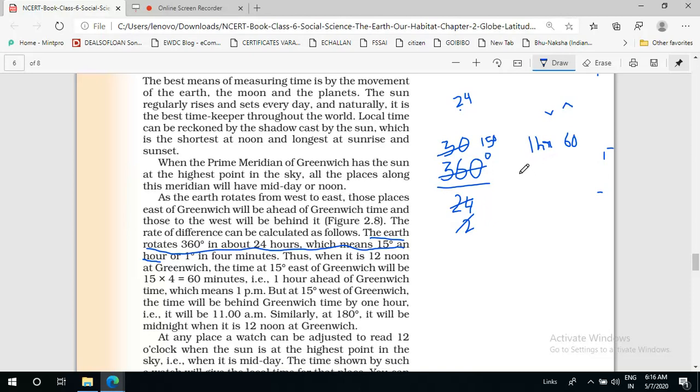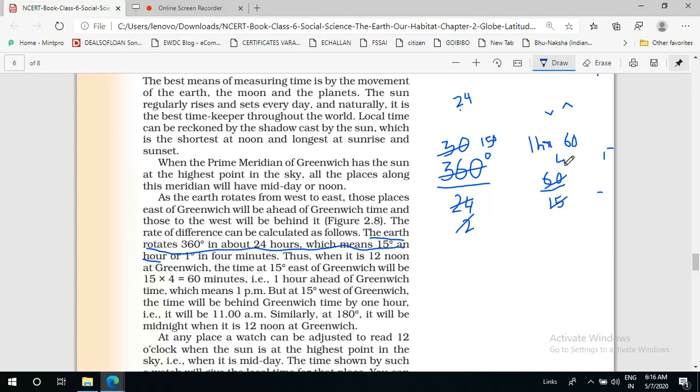If the earth is moving 15 degrees in 60 minutes, then in how many minutes will the earth move 1 degree? 15 fours are 60.